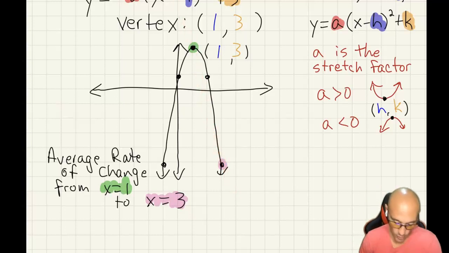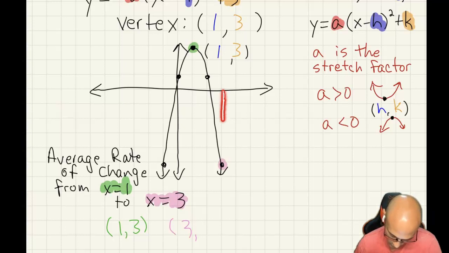So the slope formula then, well, we have our first point up there, which is 1, 3. That's our green point here. And our other point, the pink point, is 3, negative 5. So those are our 2 points that we're going to be working with.